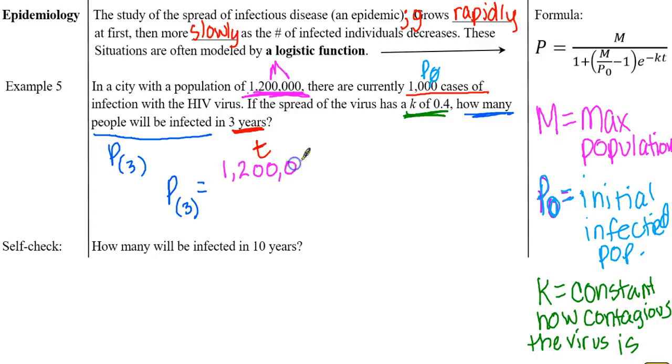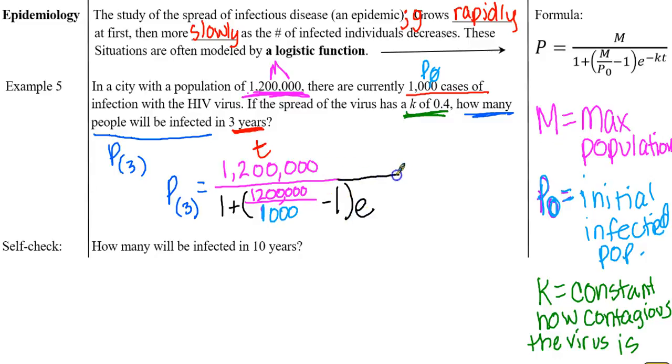Count your zeros, that's 5, when you're plugging it into your calculator. 2 over, I hate to color code things, but 1 plus, we have 12 million, again, 5 zeros, over 1,000, which I think I did in turquoise here, 1,000 minus 1 to e to the negative k, right? To the negative 0.4 times your t, which is 3.